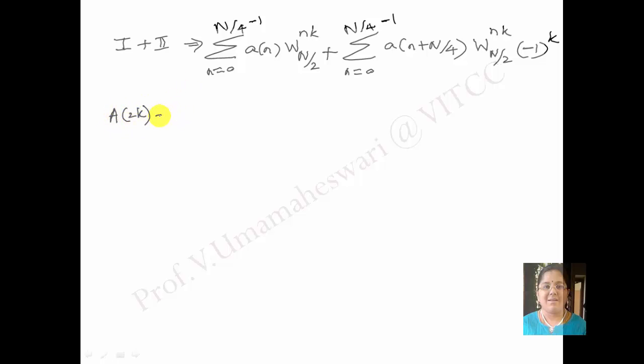Like how we collected x of 2k and x of 2k plus 1, here we are going to collect a of 2k separately and a of 2k plus 1 separately.